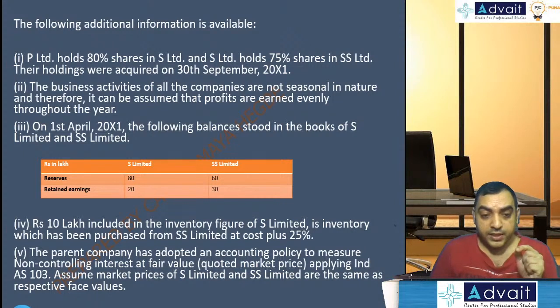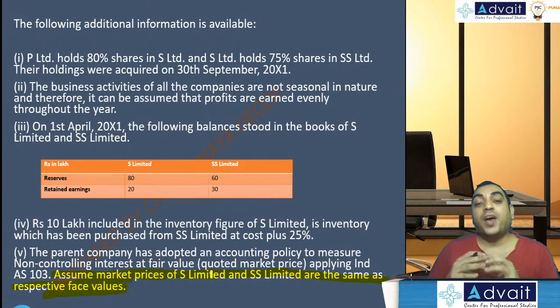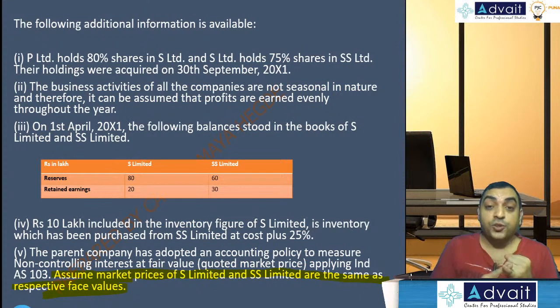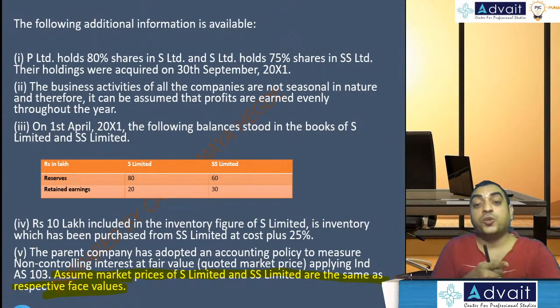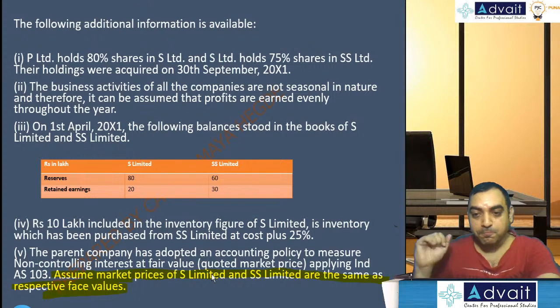Please read: assume the market prices of S Limited and SS Limited are same as their respective face values. So fair value equals market price, and market price equals face value. That is their instruction, so we have to follow it.